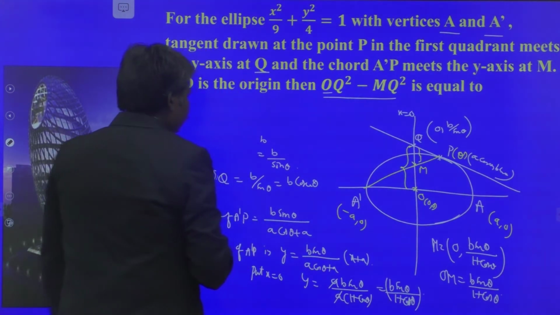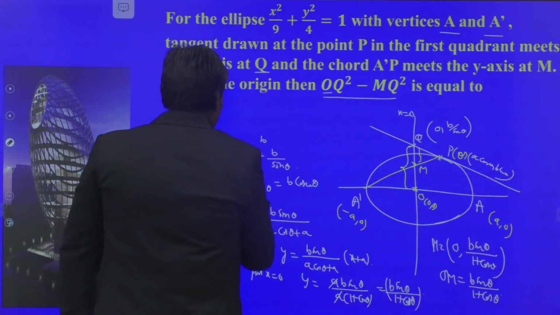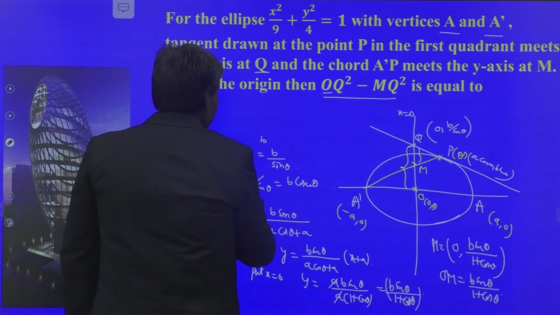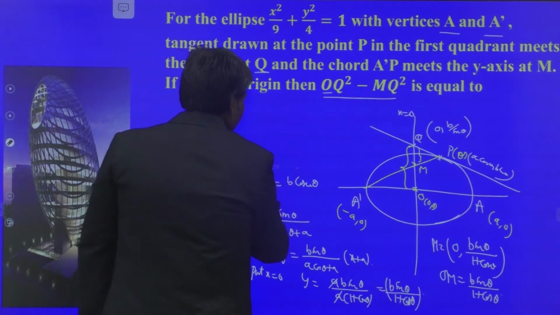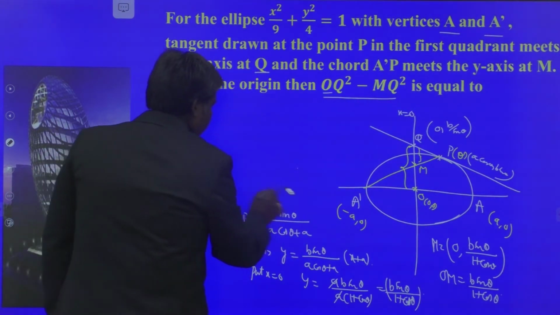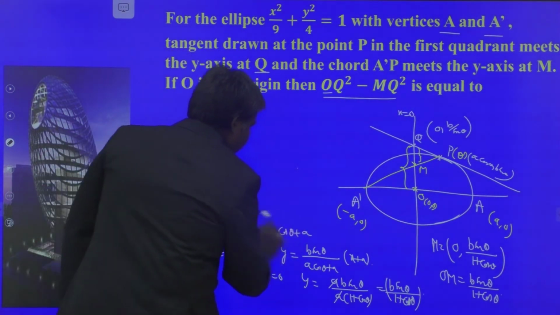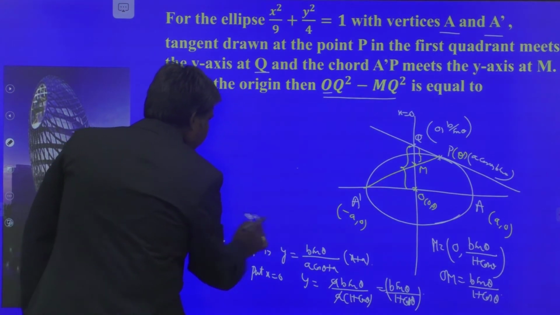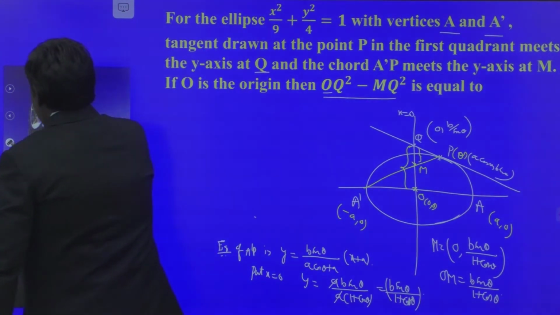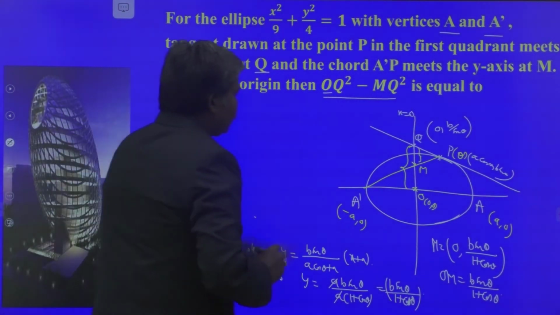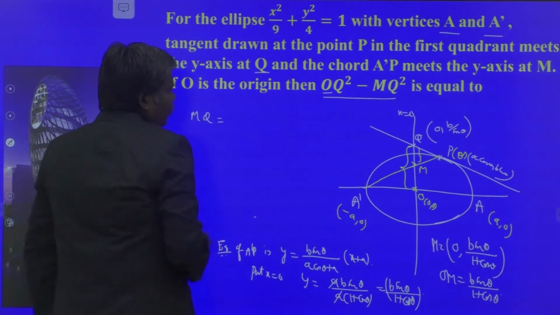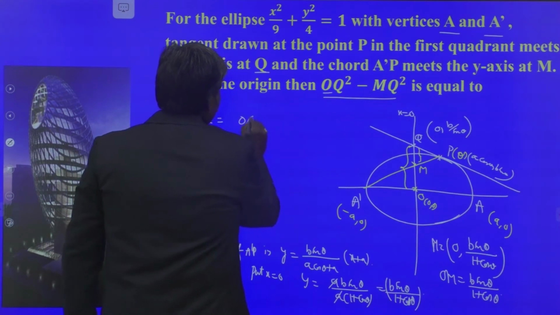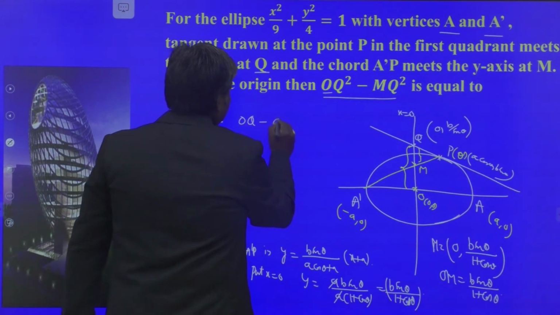Now, OQ is equal to b cosecant theta. Now, MQ is equal to OQ minus OM.